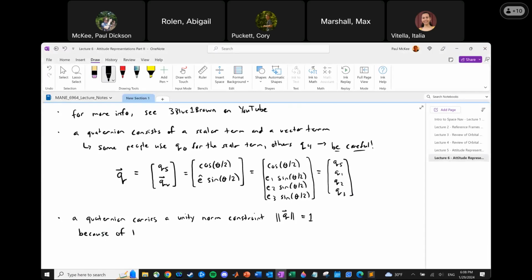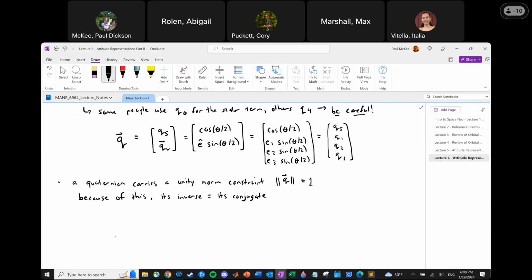Because of this, its inverse equals its conjugate. And this is going to seem a little bit weird for a second, but then it's going to hopefully turn around and make perfect sense here.